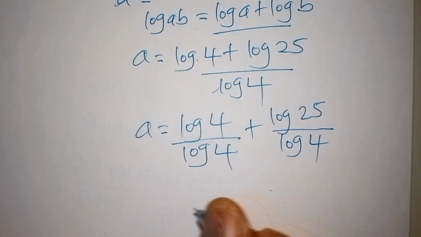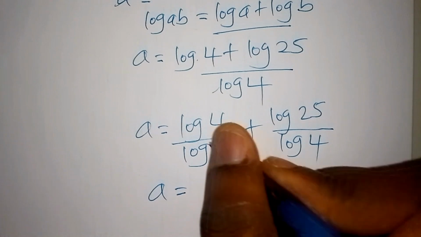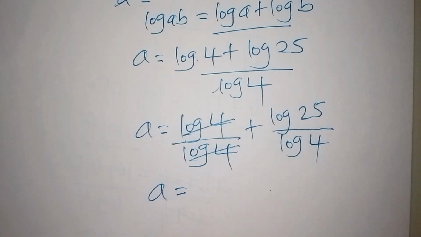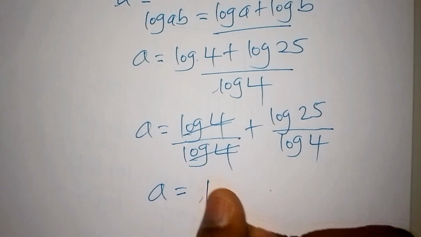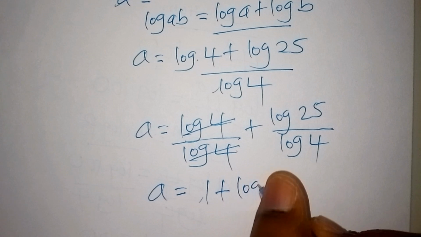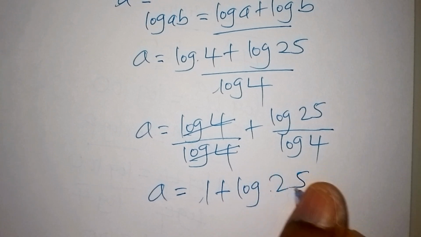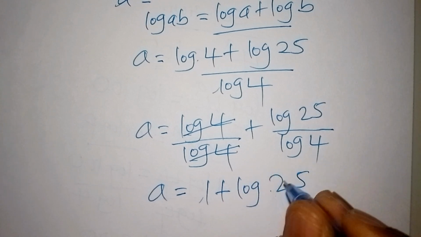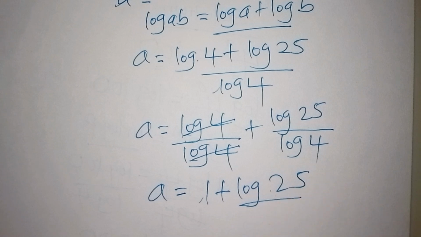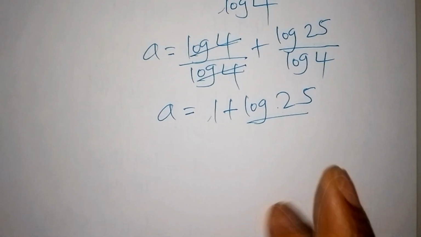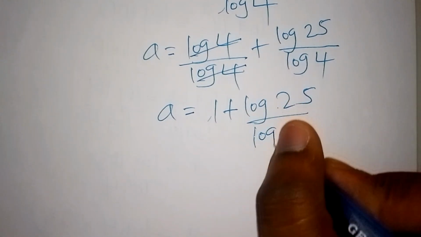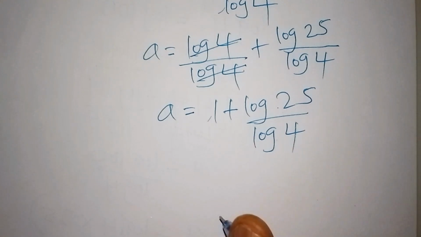So from here, our a is equal to, the log of 4 and the log of 4 shall cancel each other. So a is equal to 1 plus the log of 25 all over the log of 4. So here, we shall remain with that particular answer.